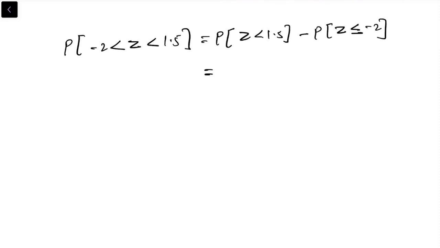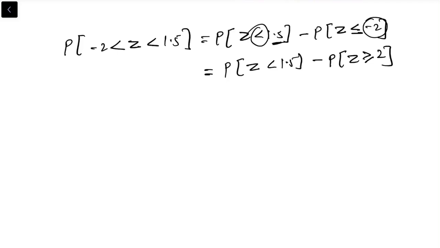As I told you, in the table the value is given for the less than or equal to sign, and for the positive values only. We need to change this value because this is negative. So let's do one more step: probability z is less than 1.5 minus probability z is less than or equal to 2.